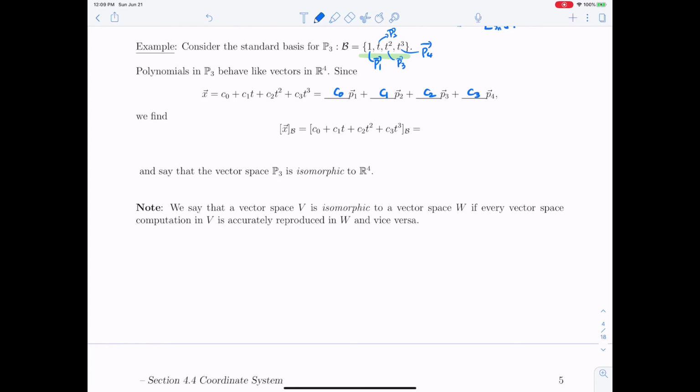Then the B coordinate of x becomes c0, c1, c2, and c3. And in this case, we say that the vector space P3 is isomorphic to R4.